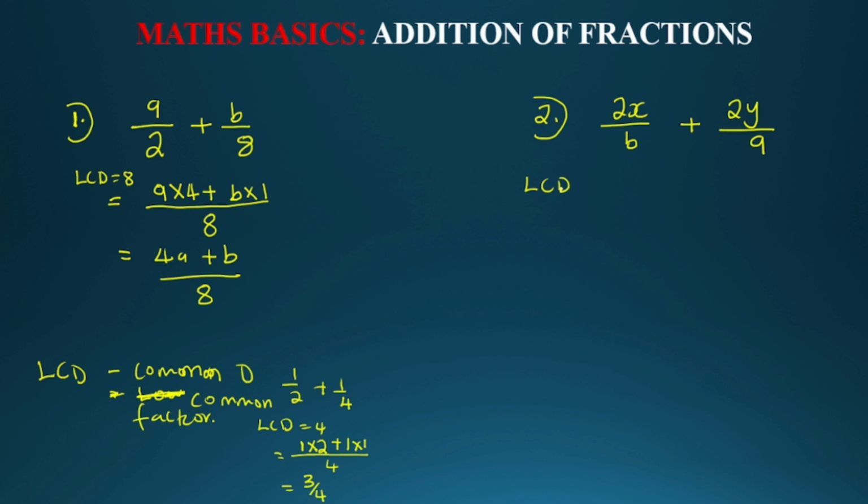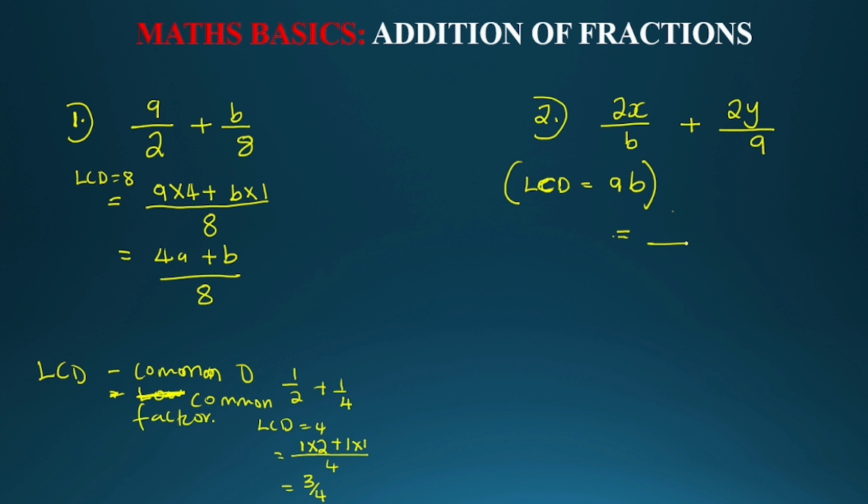The lowest common denominator is, I always say, if it's not numbers, it's variable, say everything at the bottom. So the lowest common denominator refers to everything that is at the bottom as well. In other words, our LCD is AB.